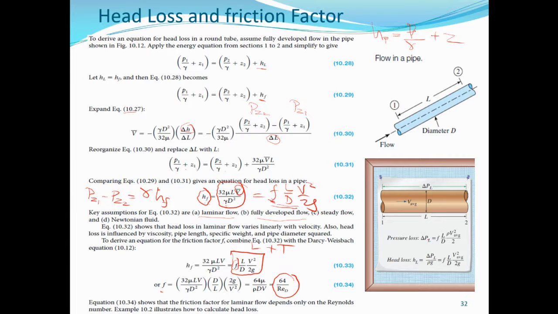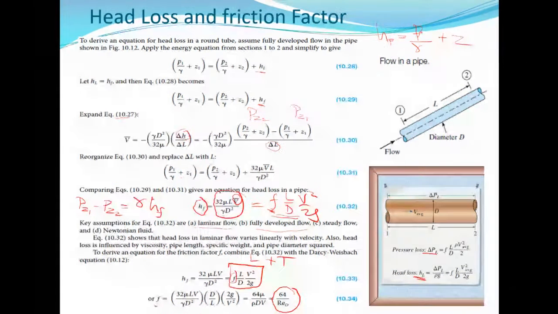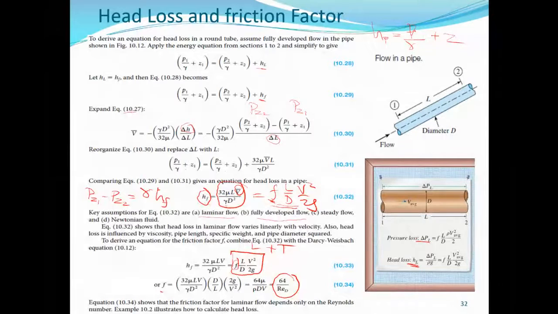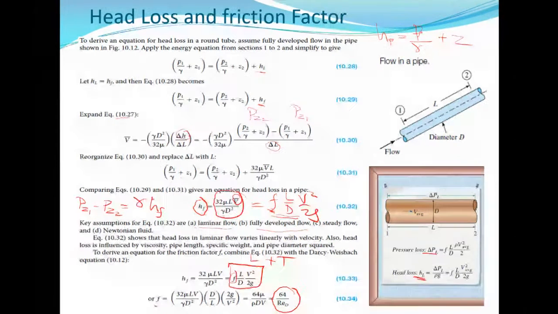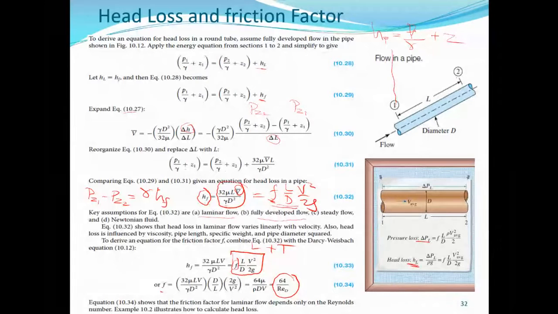And the pressure loss in a pipe is simply equal to the head loss. It's simply equal to delta P over rho g, because the piezometric head is equal to P over gamma plus z. So as water is flowing, the piezometric head at these two points is dropping, is reducing due to the head loss.